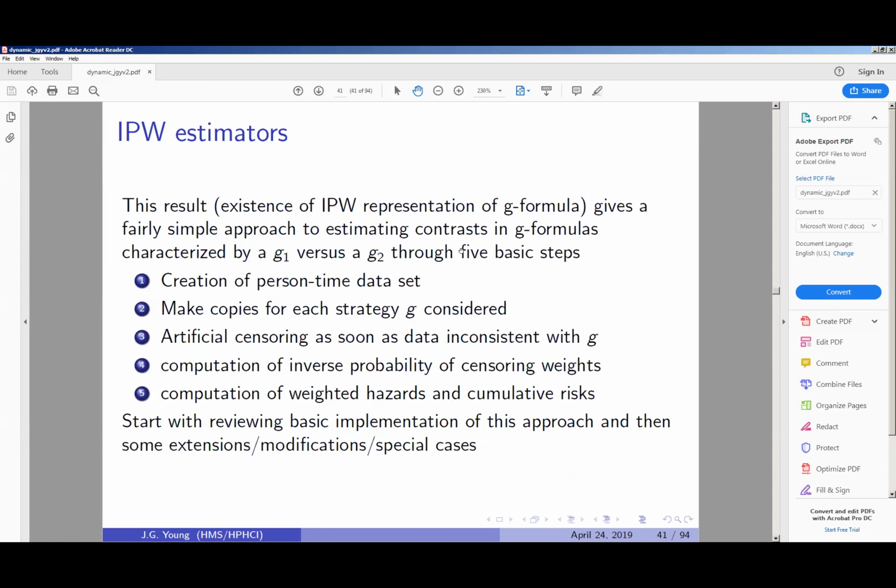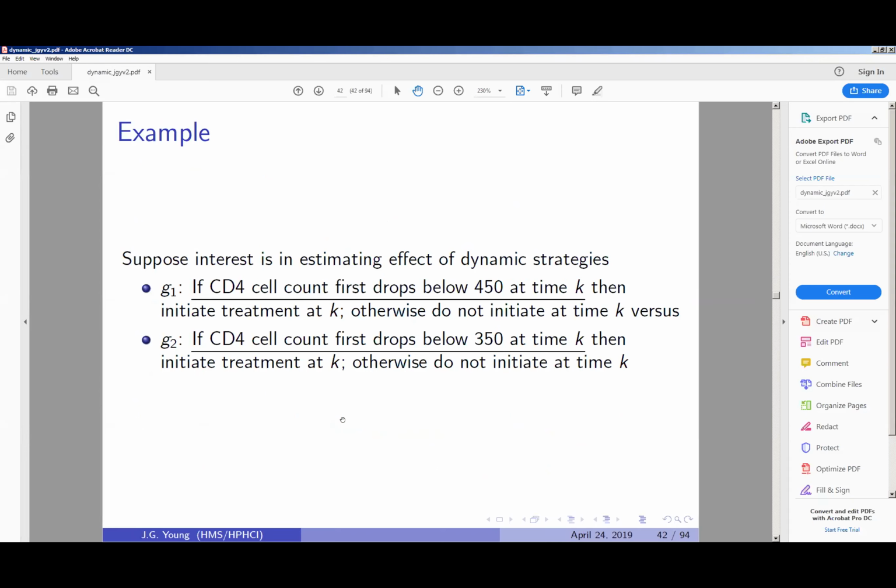So we're going to delve into some of this in the next slide. I'm going to start with reviewing this basic implementation, but then if we have time, I'll talk about the many extensions and modifications in special cases of this approach and various reasons for considering them.